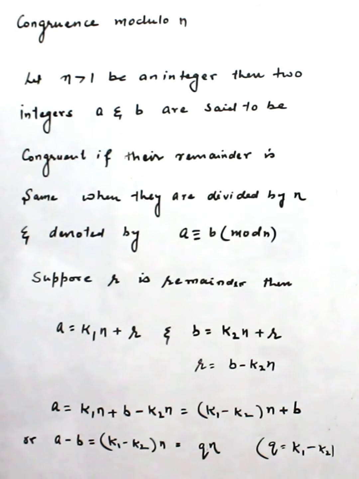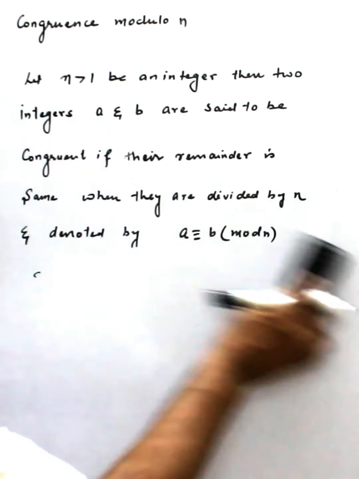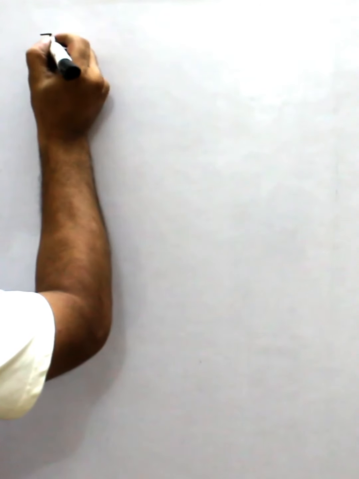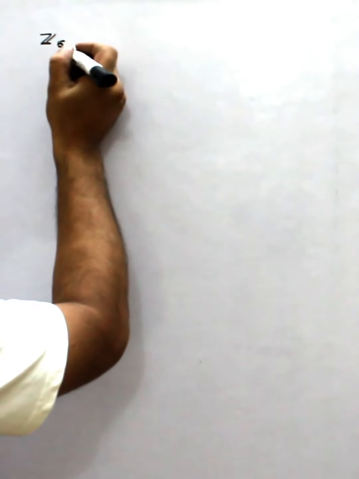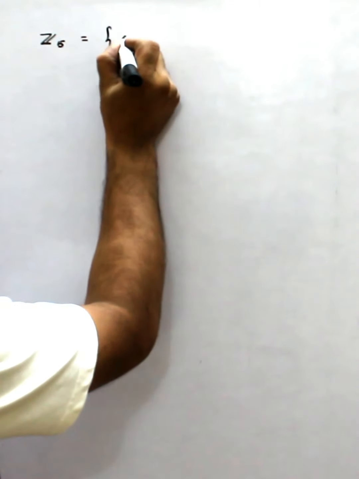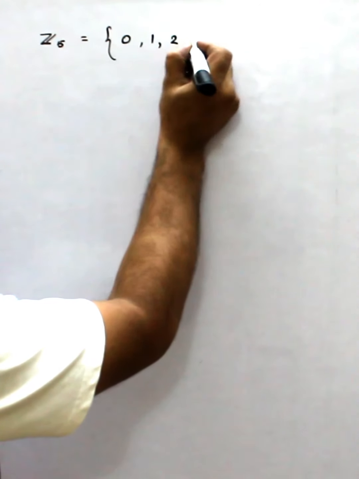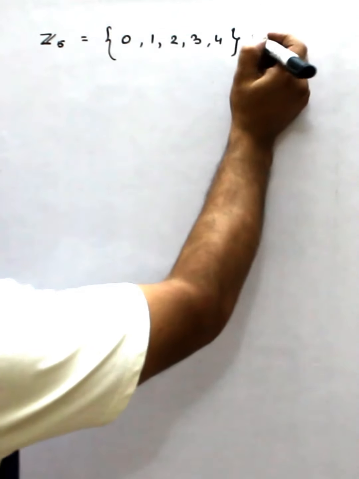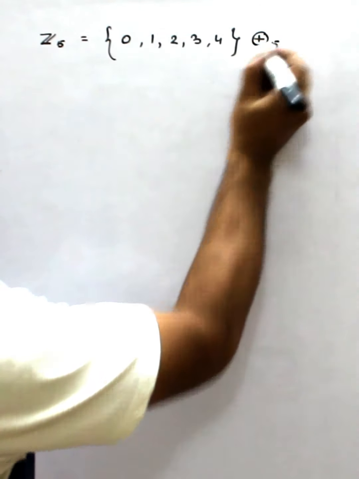So we check here in the addition modulo what we find. If I take a set Z5, that means the operation is addition modulo 5, then the elements of this set are 0, 1, 2, 3, 4, and the operation is addition modulo 5.